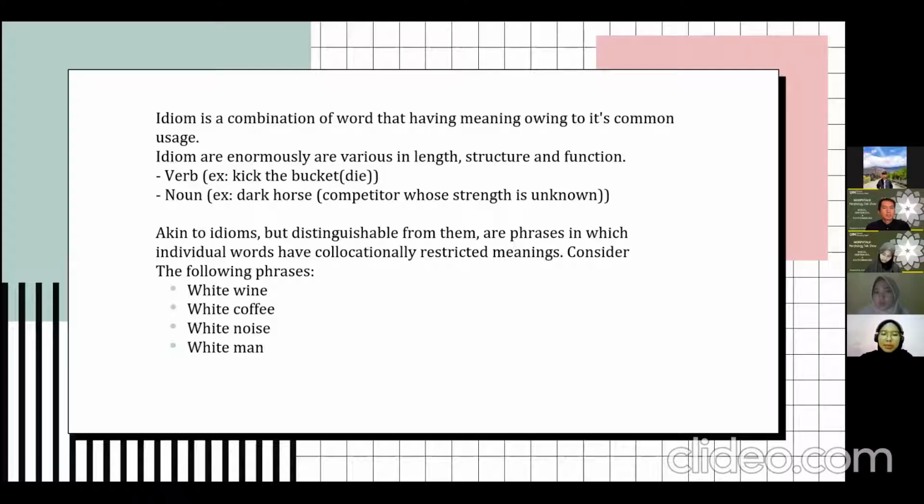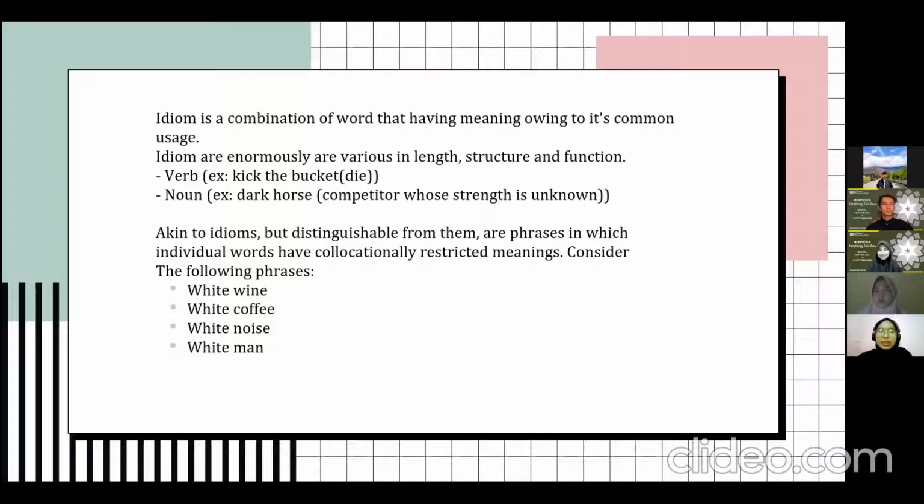Akin to idioms, but distinguishable from them, are phrases in which individual words have collocationally restricted meanings. Consider the following phrases. So I have a few examples, like white wine. White wine is not wine that has a white color, but in real life white wine has a clear color.